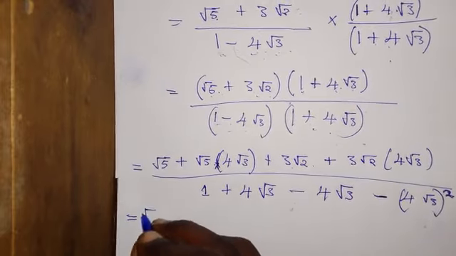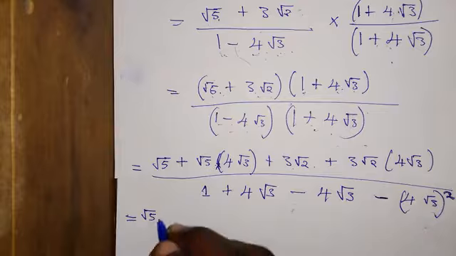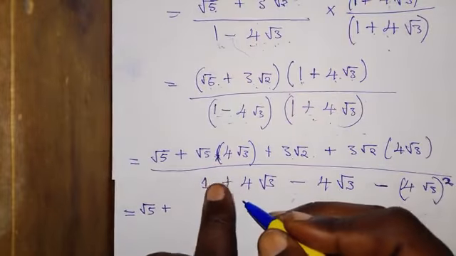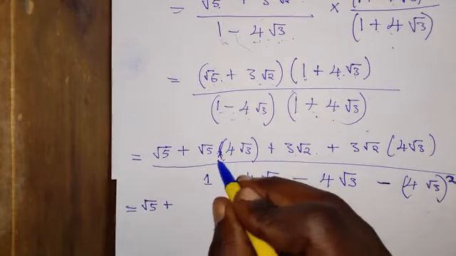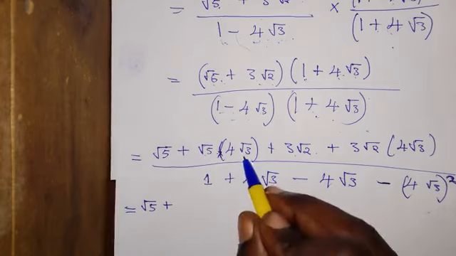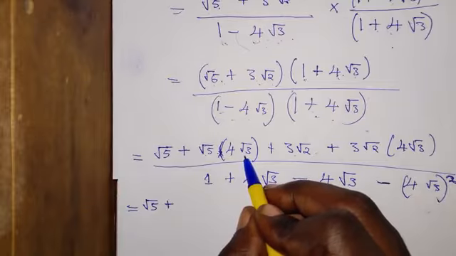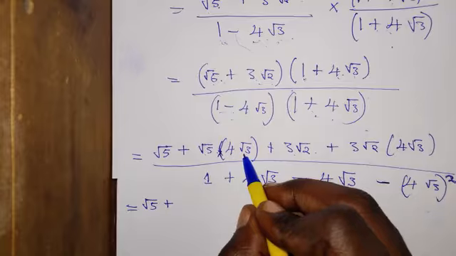The numerator now, I'm going to have root 5, plus, there's multiplication here. So now this is root 5 and this is root 3. Basically what is happening here is the properties of surds.